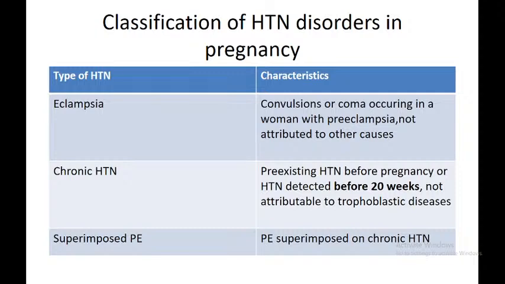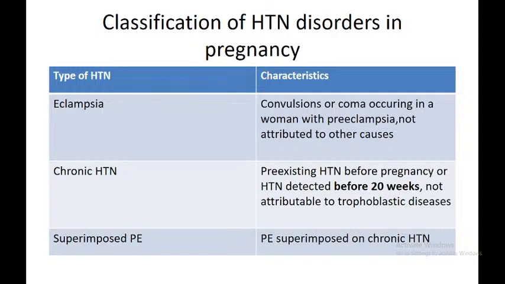And we have another entity called chronic hypertension. So this is nothing but the woman has already pre-existing hypertension before pregnancy, or if the hypertension is detected before 20 weeks, and that too it should not be attributed to trophoblastic diseases like molar pregnancy.